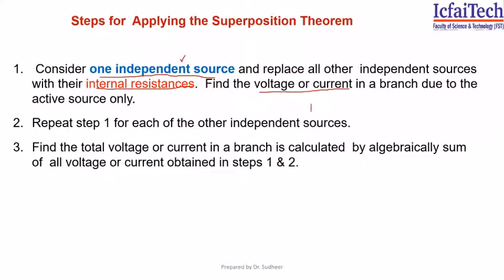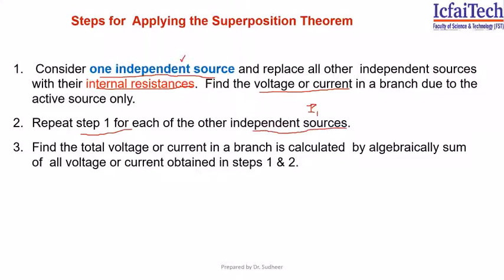Note it as I dash or I1. Similarly, you repeat for all other sources. If at all it consists of 3 voltage sources, you will be getting 3 circuits and 3 current responses, then the total current flowing in a particular branch is equal to the sum of the individual responses. So repeat step 1 for each independent source.